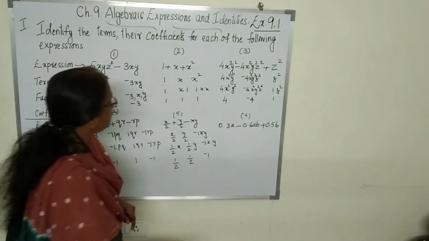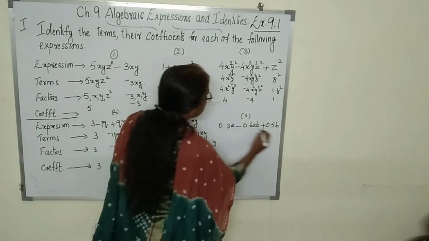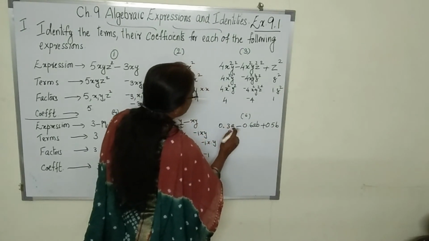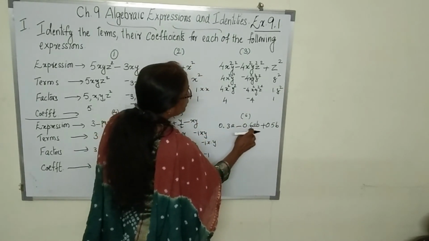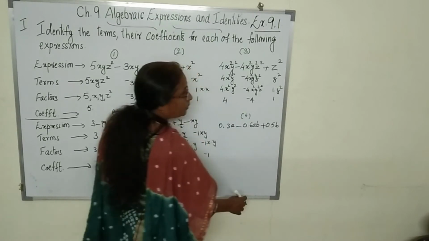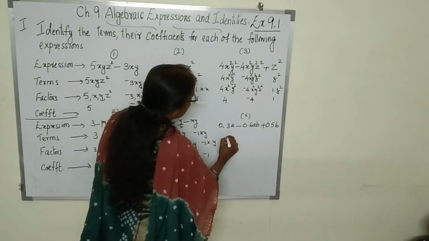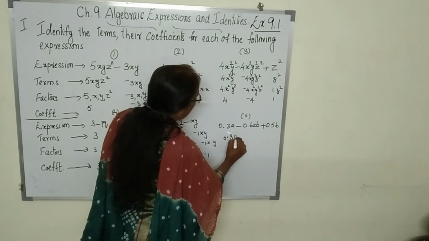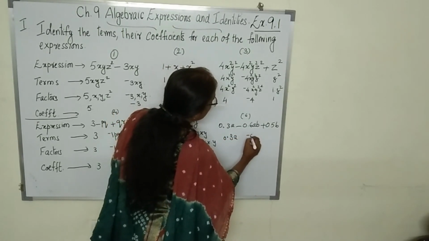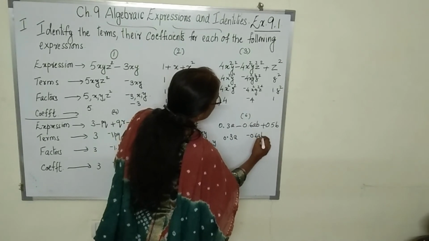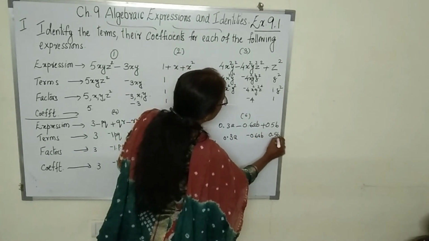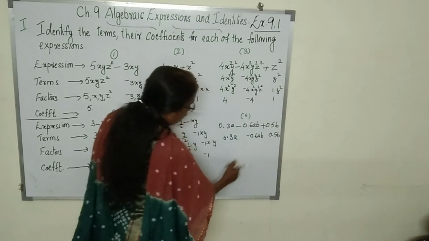And in the next one, the expression is 0.3a minus 0.6ab plus 0.5b. So the terms are 0.3a, minus 0.6ab and 0.5b. So how will you factorize?